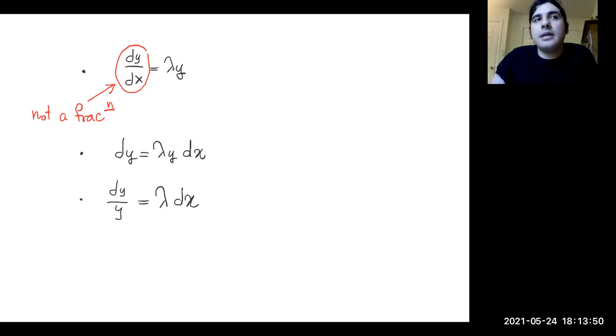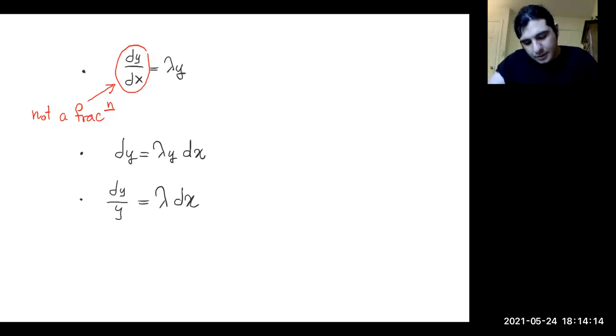So what we did here is separating the x variables and the y variables. I moved all terms which have y variables, including dy, to the left side of the equation, and everything which has x in it to the right side. We are separating the variables.